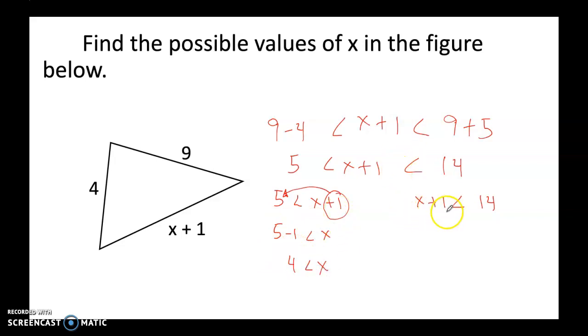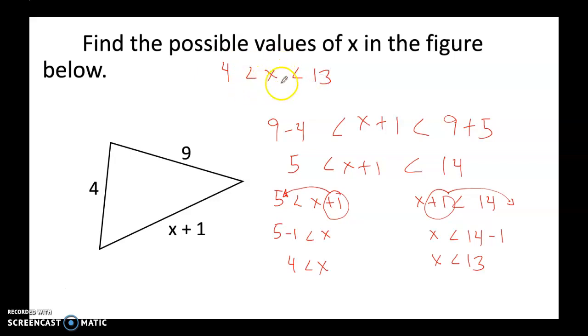Next, we have x plus 1. Transpose. We have x less than 14 minus 1. So we have x less than 13. So the range for the values of x should be 4 less than x less than 13.